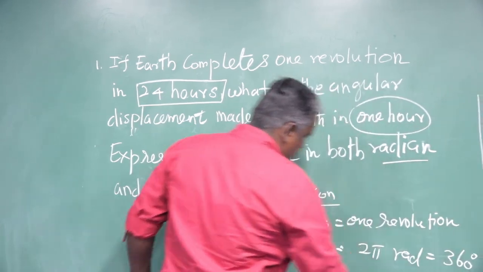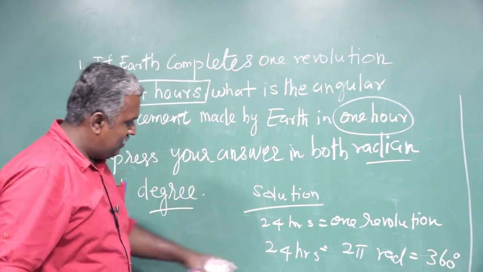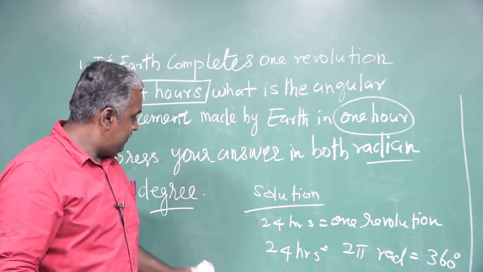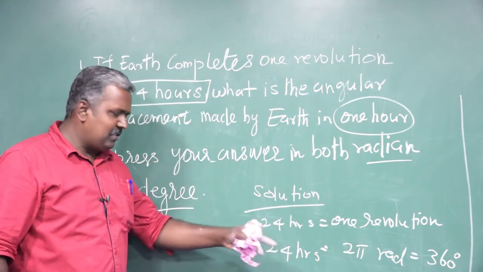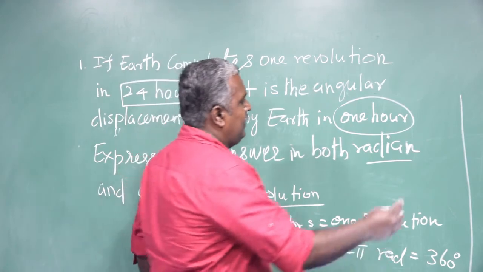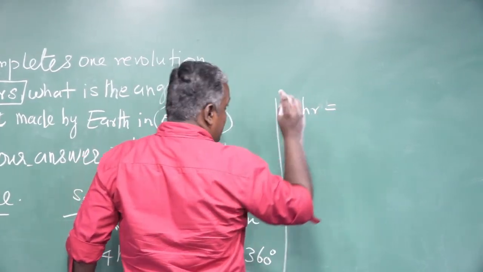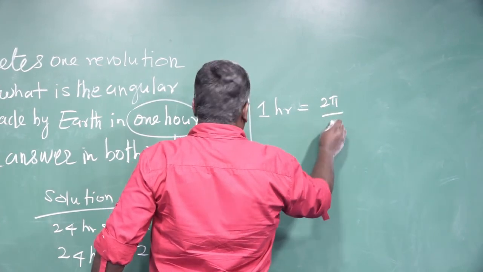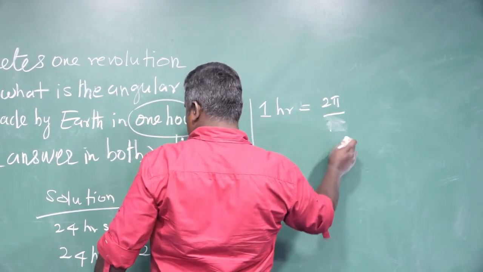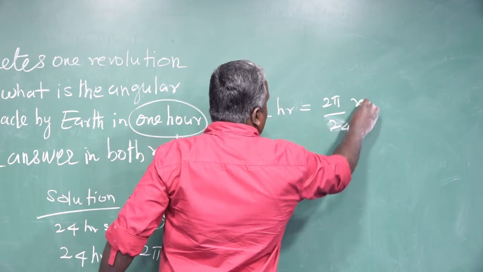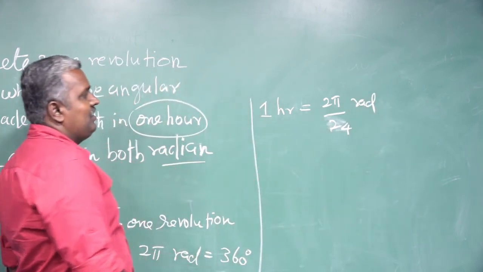For 1 hour, divide by 24. Already discussed one problem like this. I am correct or not? For 1 hour, first in radian, it is 2 pi radian by 24.